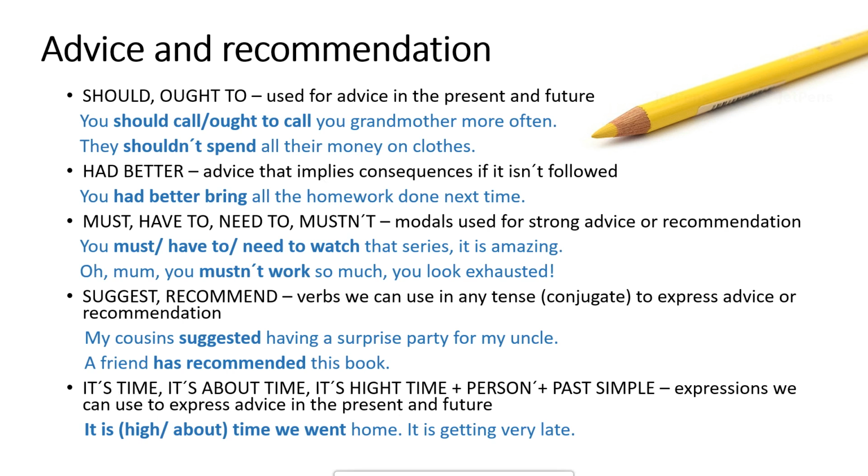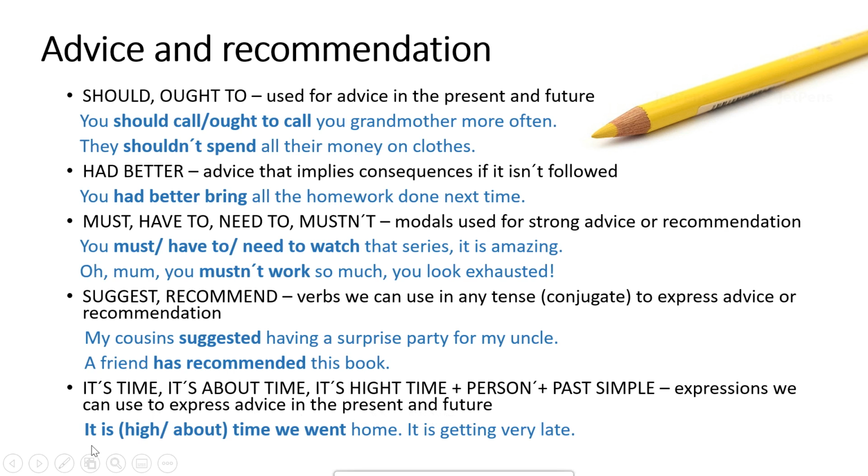The meaning is the same. Then we use a person, me, you, and past simple. This expression is to express advice in present and future. Be careful here. Even though here you've got past simple, what you express is in present and future.